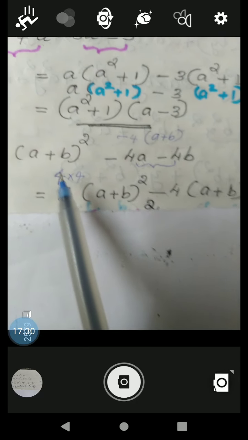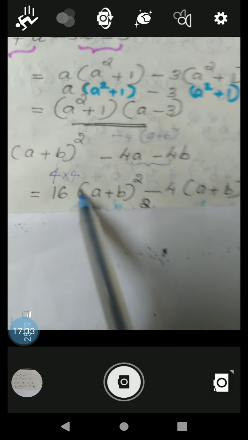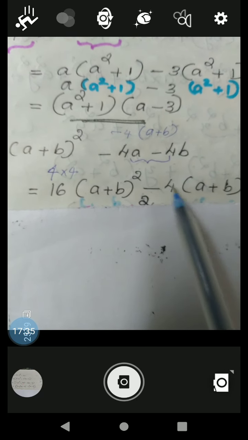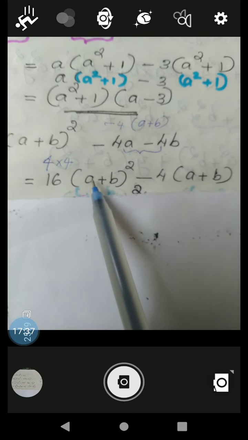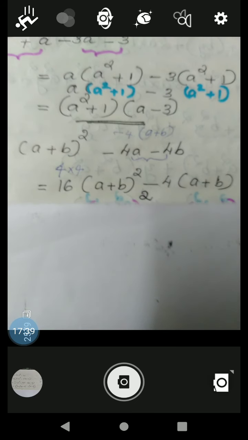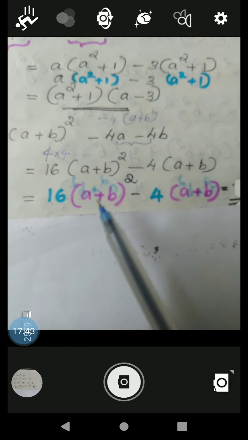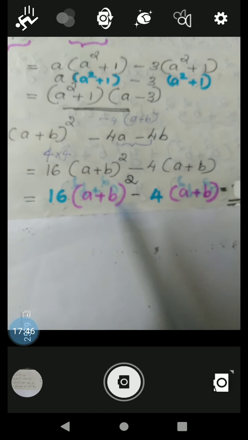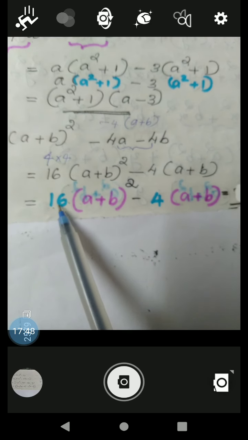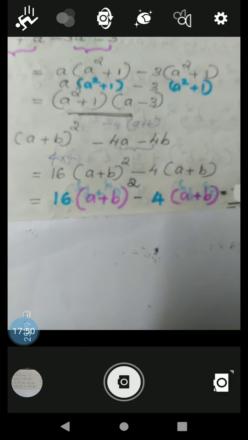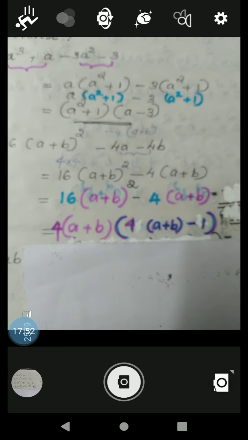Now 16 can be written as 4 into 4. So we can see 4 is a common factor. At the same time A plus B is also a common factor. This is very clear. From here and from here we can take 4 outside.